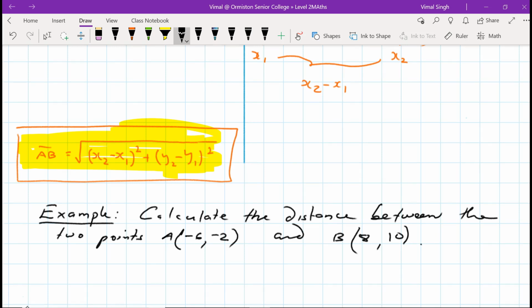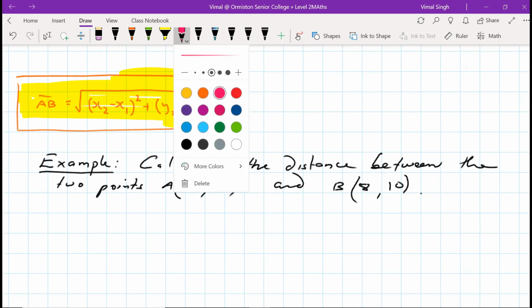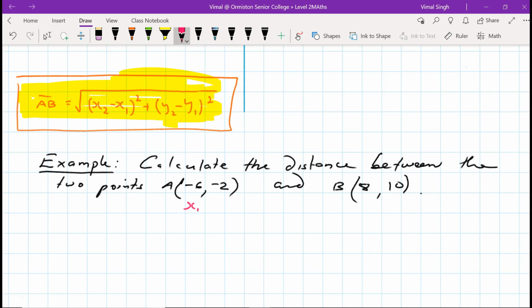Before we proceed, I'm going to label A as x1 comma y1. This one is x2 comma y2.